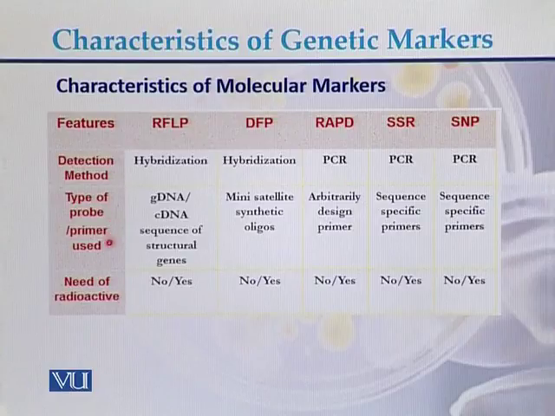The type of the probe or the primer used can be genomic DNA and cDNA in case of RFLP. In case of DFP, minisatellites. In case of RAPD, arbitrarily designed primers. In case of SSR and SNP, both use sequence specific primers or probes.